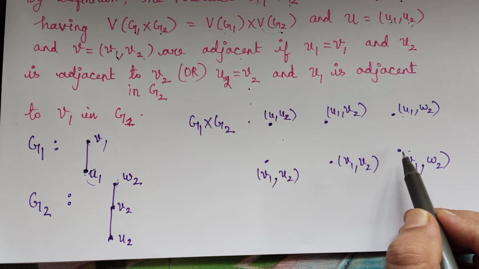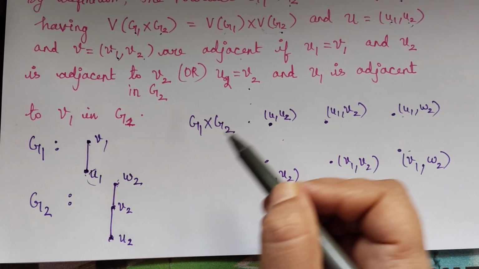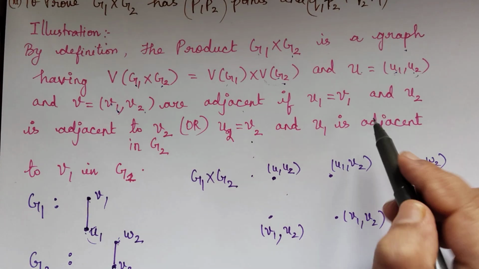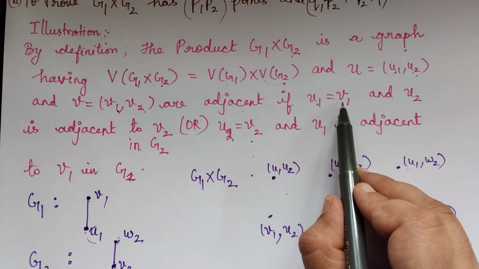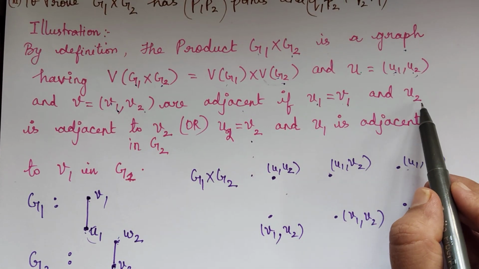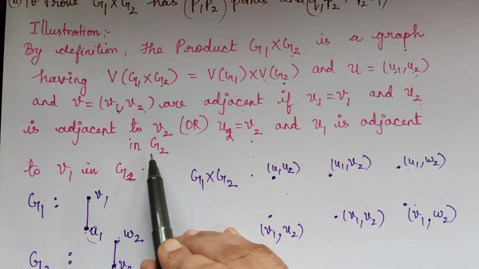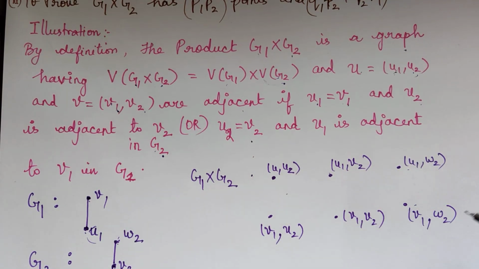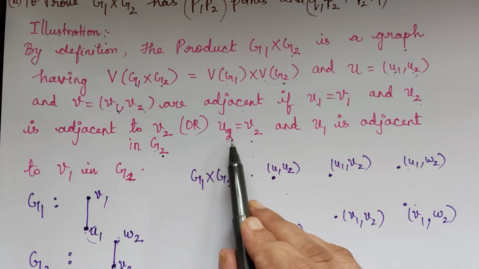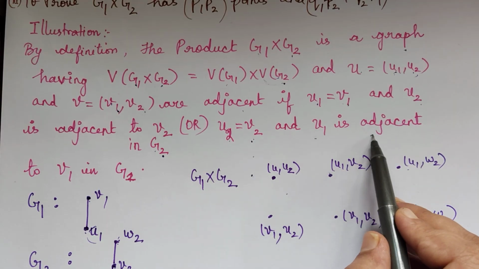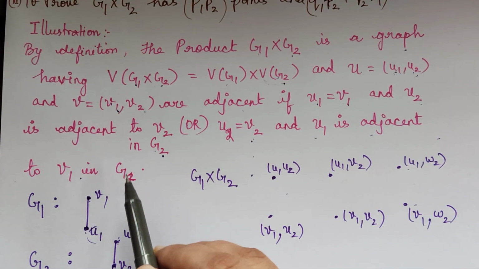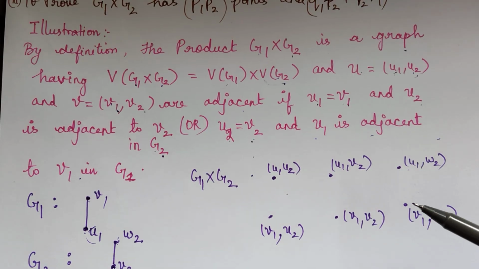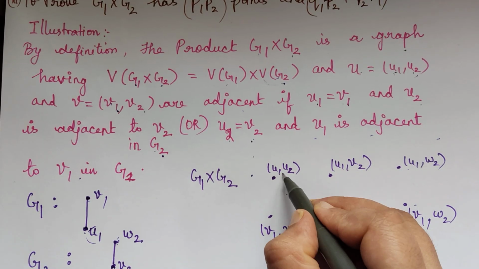Now what we have to do is check this condition: if u1 is equal to v1 and u2 is adjacent to v2 in G2, then here also those points will be adjacent. Or if u2 is equal to v2 and u1 is adjacent to v1, then here also those 2 points will be adjacent. You check for this first.